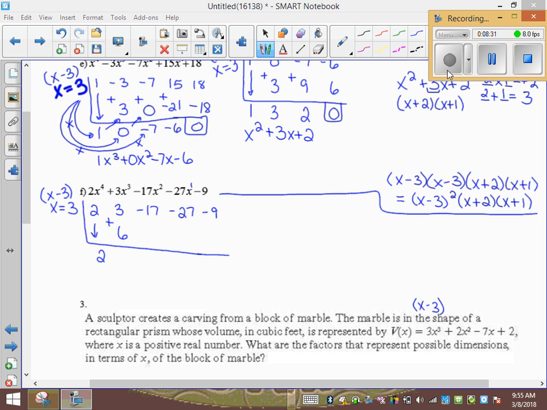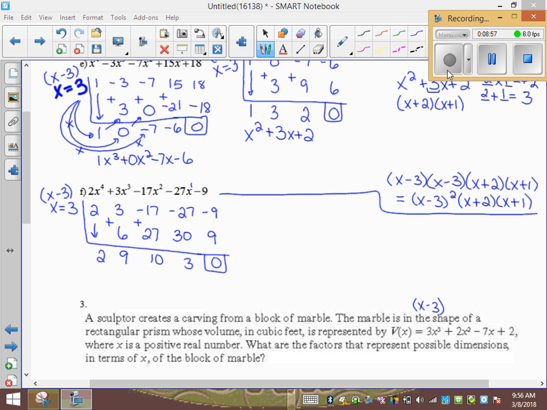Add them. 3 plus 6 is 9. Multiply. 3 times 9 is 27. Add. Negative 17 plus 27 is 10. Multiply. 3 times 10 is 30. Add. Negative 27 plus 30 is 3. Multiply. 3 times 3 is 9. And I get a 0, which is good.